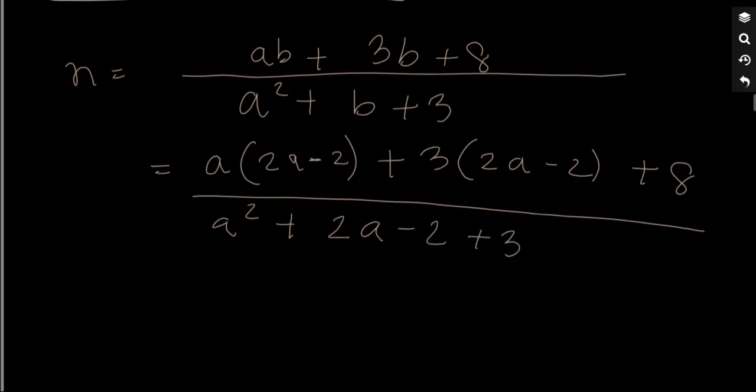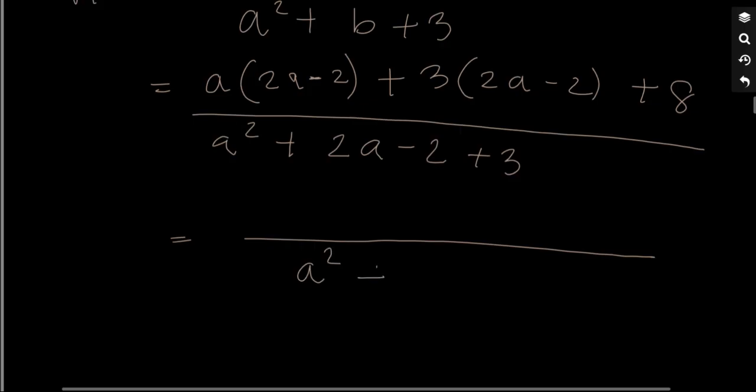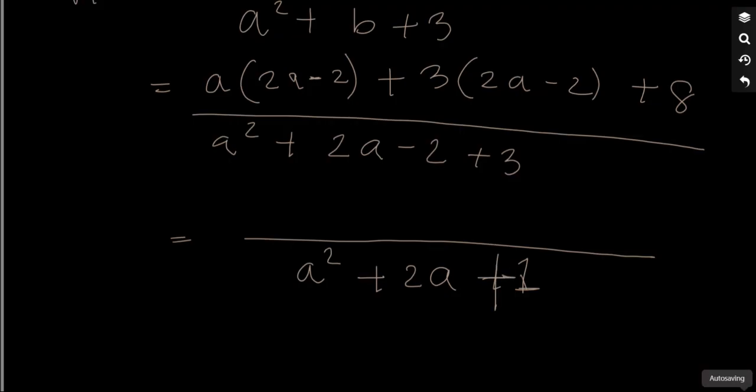Then we are going to simplify the whole thing. What are we going to get? In there, a square plus 2a, and then plus 1. Oh my god, sorry, plus 1. It looks as t, it's not a plus sign. So it's like 2a square and 2a.